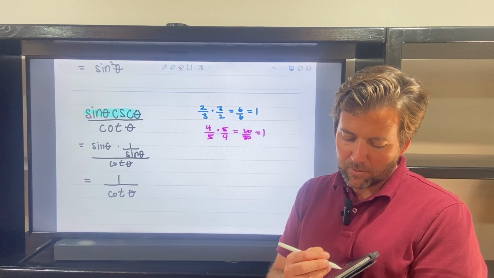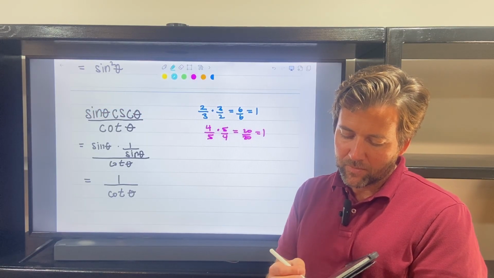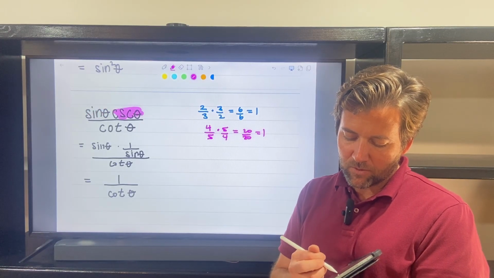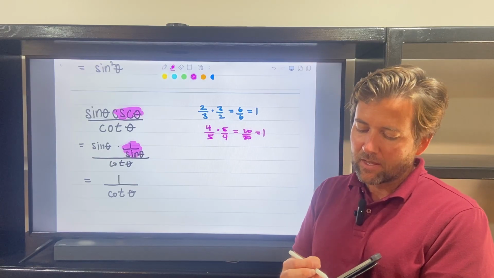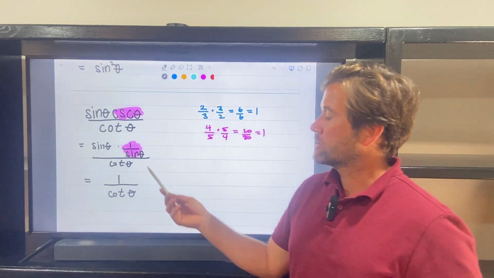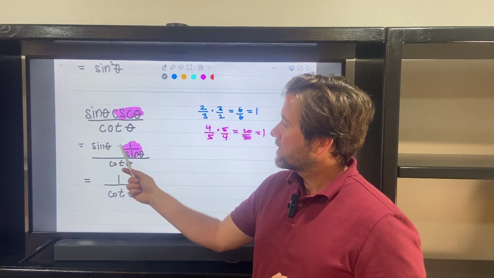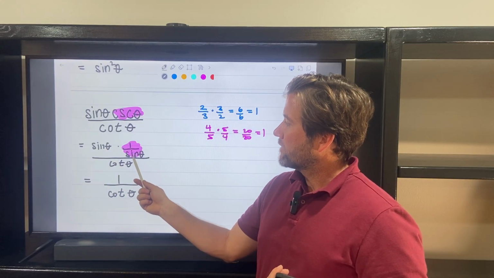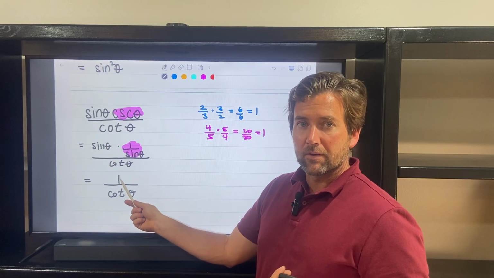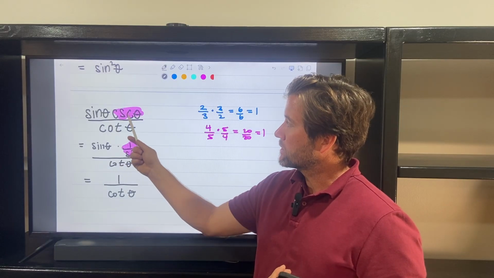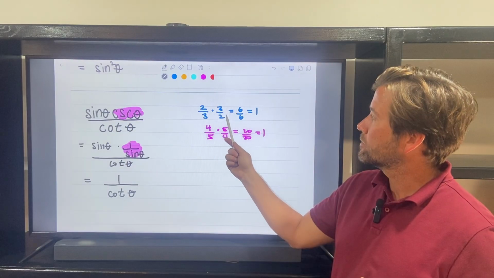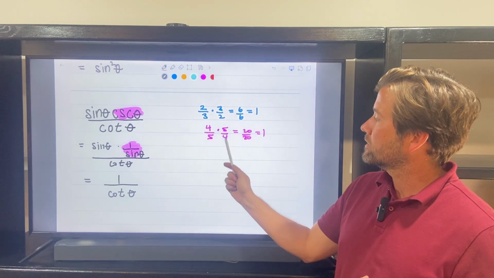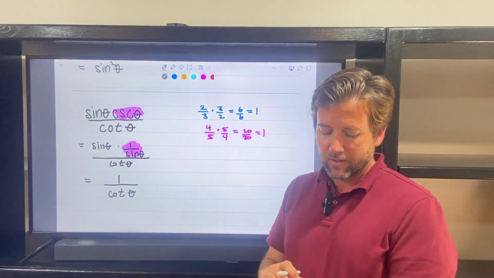So I took cosecant theta and rewrote it as 1 over sine theta. And now maybe is the moment that you realize, oh yeah, he's right. Sine of theta times 1 is sine theta, divided by sine theta is 1. Otherwise, these are reciprocals. When you multiply reciprocals, that product will always equal 1.